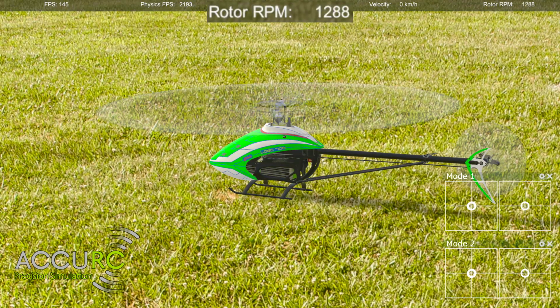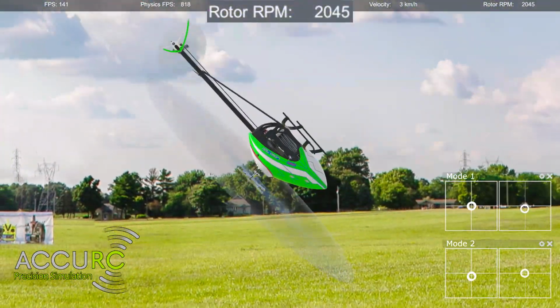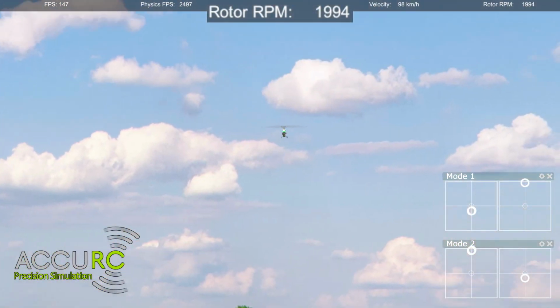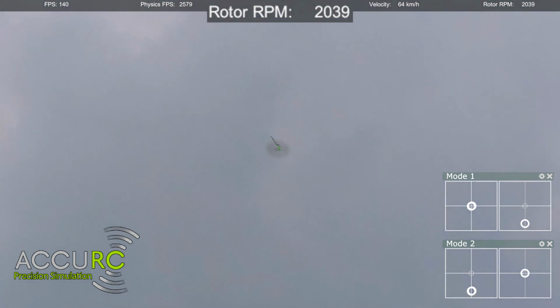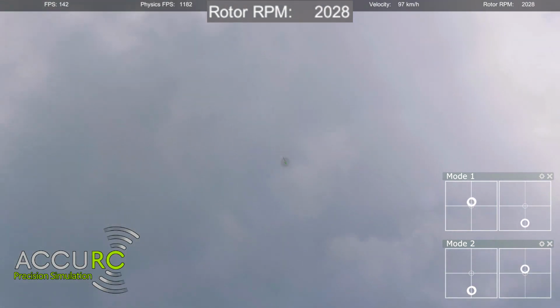Of course, you're gonna want to auto-rotate inverted again at some point, because who doesn't want to auto-rotate inverted? But for this, we're gonna take a look at a different technique, which we're gonna first check out in normal flight mode, because for inverted autos, the procedure is generally a bit different. I mean, of course, the physics still applies.